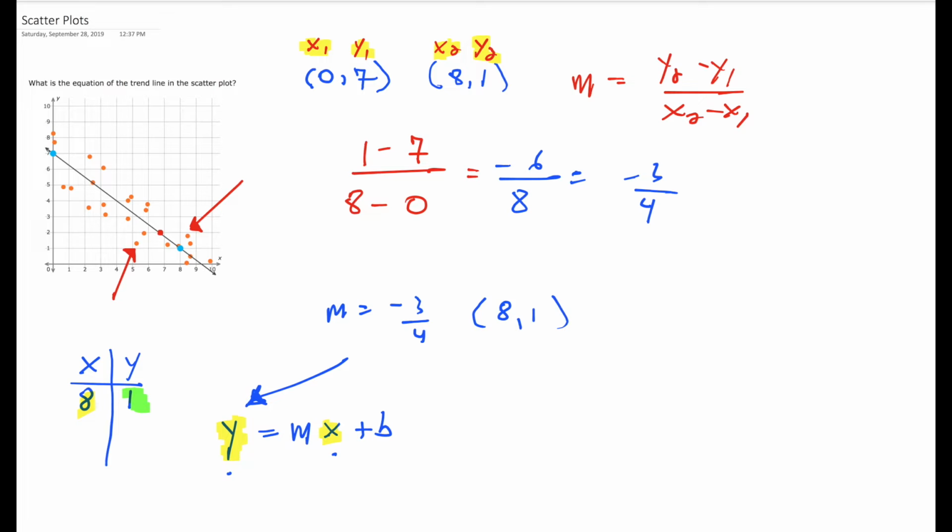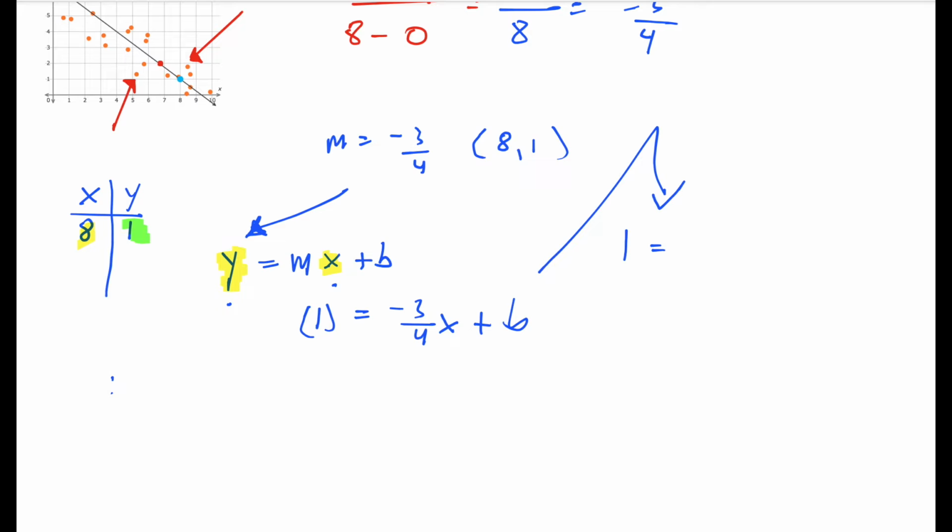Okay, so we could plug it in. We're going to get 1 for our y equals m, which is our slope, x plus the b, which is what we're looking for. Okay, then we have 1 equals -3/4. Hold on a second, I was rewriting the problem. Wait, I didn't plug in my 8.